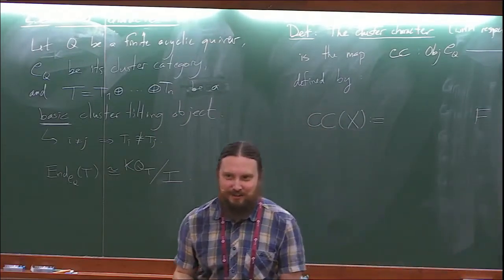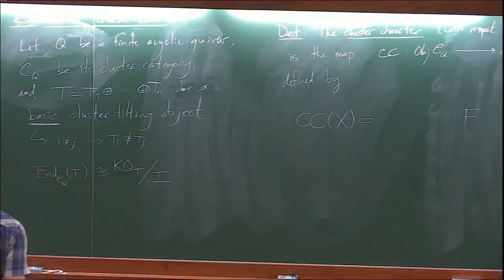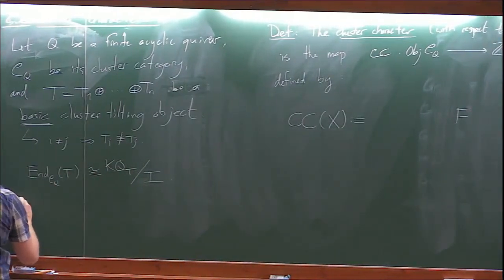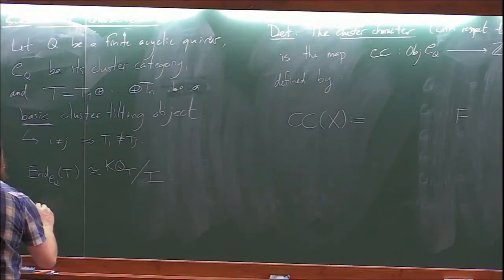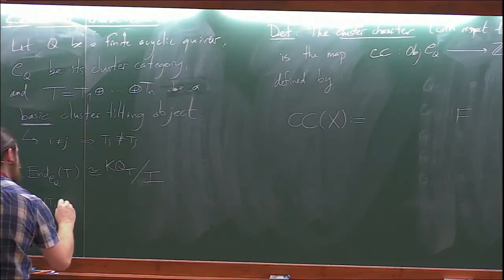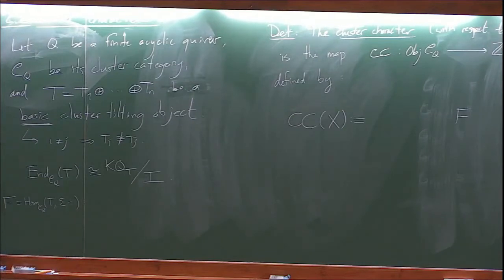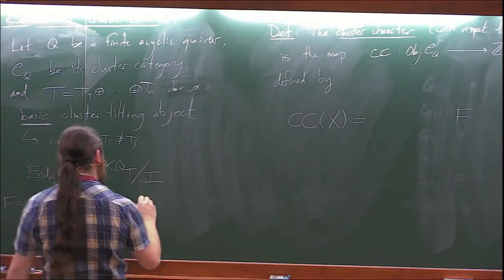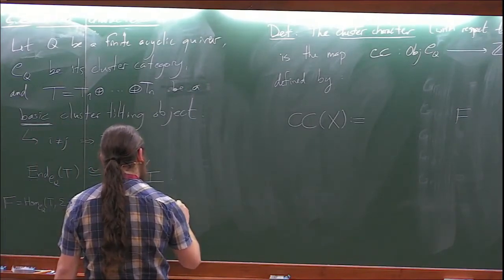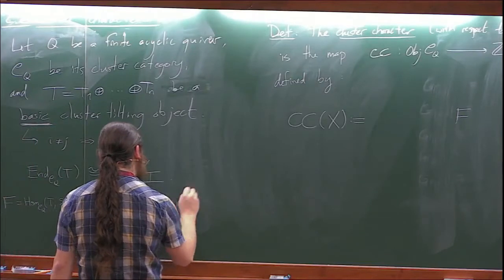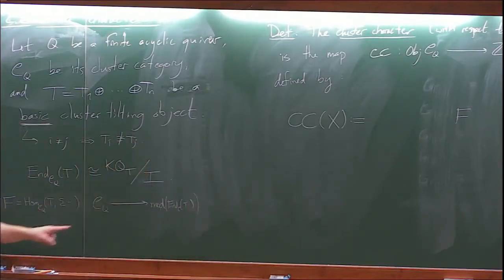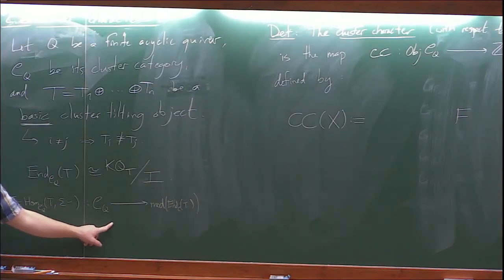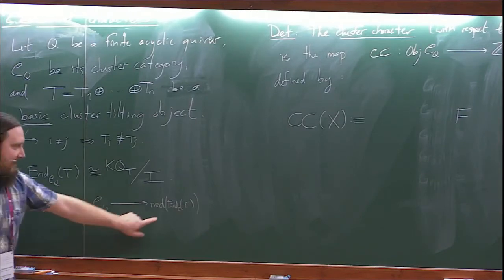and I've forgotten to add another piece of notation. So recall that we have a functor Hom(T, shift blank, suspension blank) that goes from the cluster category to the module category over the endomorphism algebra of T. We saw this morning that this functor induces an equivalence between the quotient of the cluster category by the ideal of all morphisms factoring through T, and this module category.